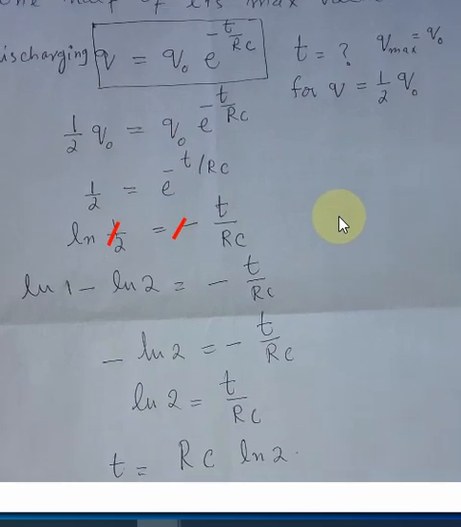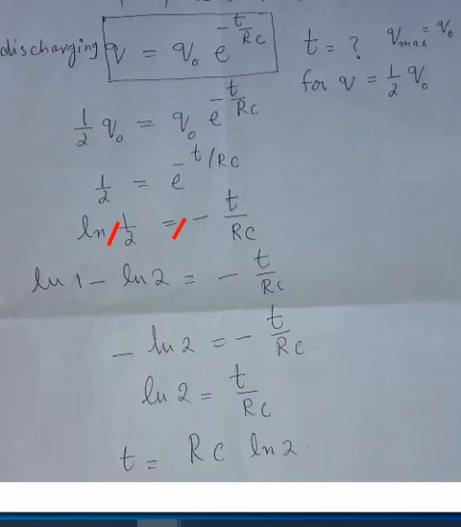Next we will evaluate this thing, log of 1 minus log of 2. A log of 1 is 0, so here we will get minus log of 2 equal to negative of t over RC, and then again we will cancel this negative sign on both sides.